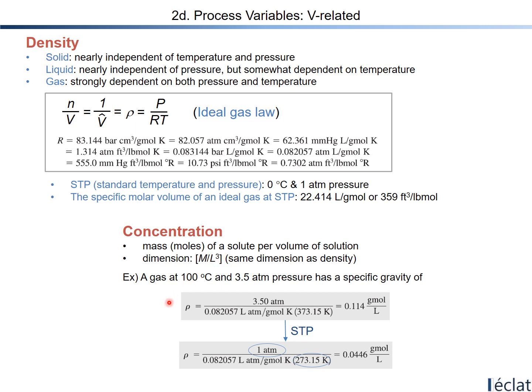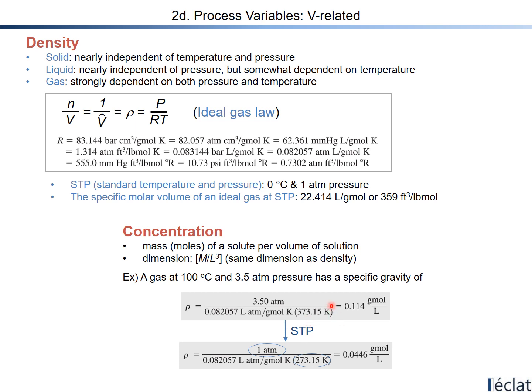Here's an example. A gas at 100 Celsius degree and 3.5 atmospheric pressure has a specific gravity like that. How can we calculate it? By using the ideal gas law. So moles per volume, the molar density, is equal to P, pressure, 3.5, and an appropriate ideal gas constant with temperature.